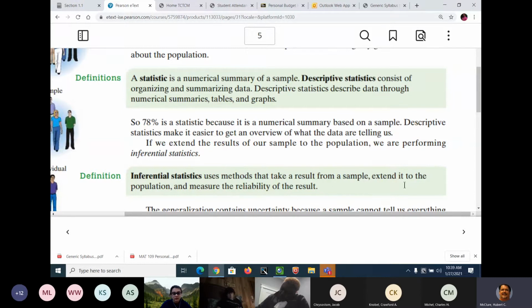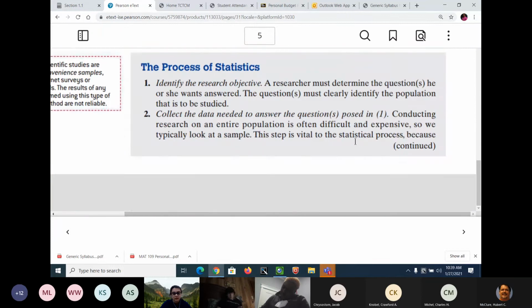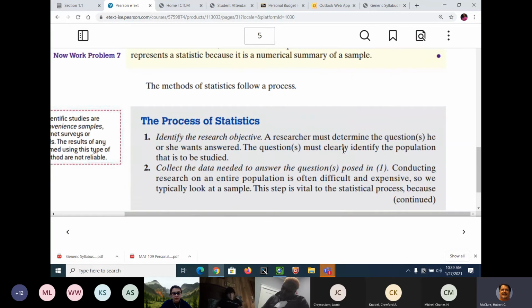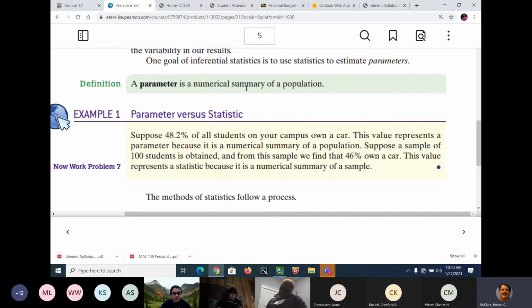That's a bunch of words for predicting. Now, I went over parameter. I'm not skipping it, but I've already gone over it. There it is. Parameter, population. Sample, statistic. They go together.